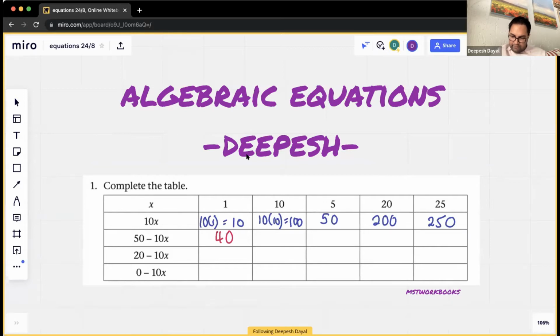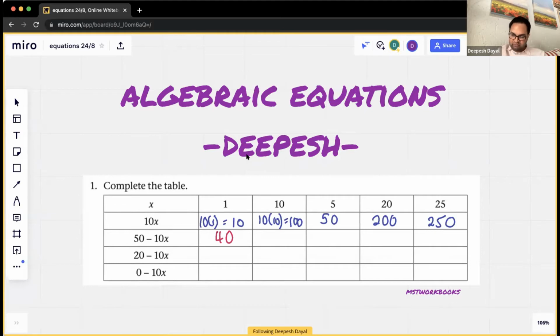So it's 50 minus 10 times 10, eh? Anybody else want to let me know, or you're welcome to give me the corrected answers if you want. What is the answer to the next block?